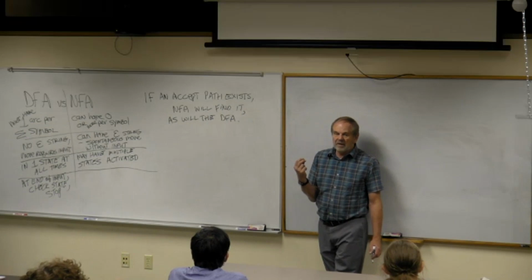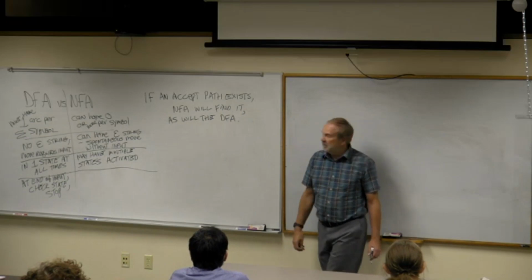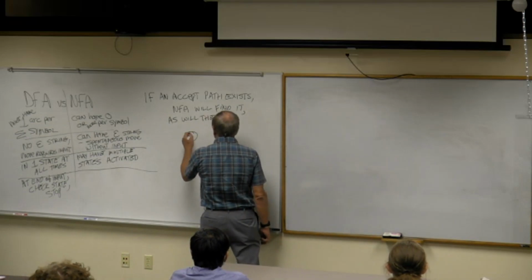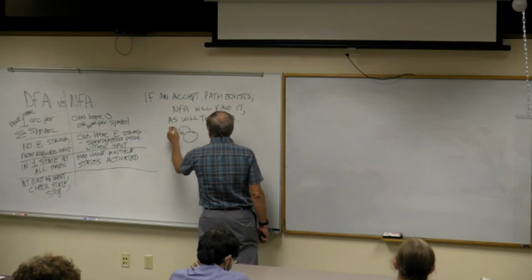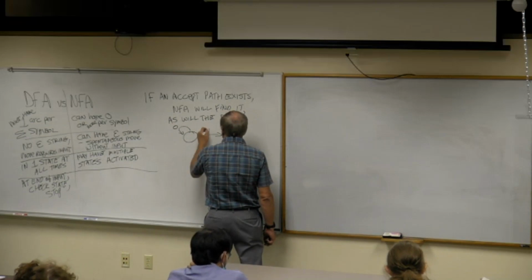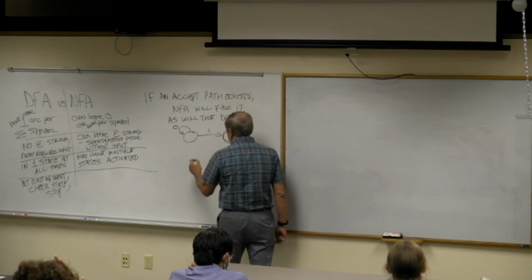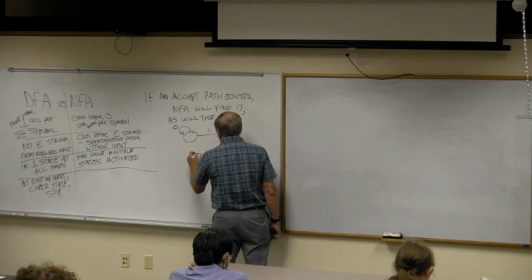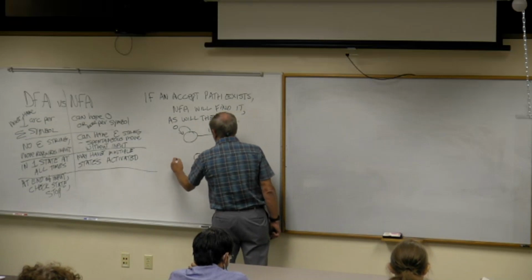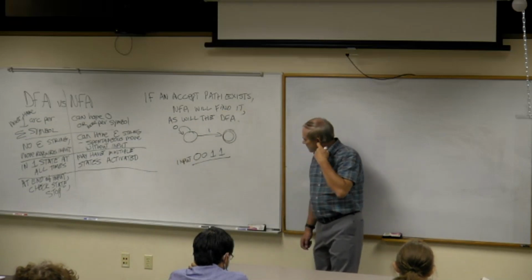If there's no path on the current input. In other words, if I had just an NFA like this, and I feed it input, so this is an NFA. It has no arcs coming out of the accept state.